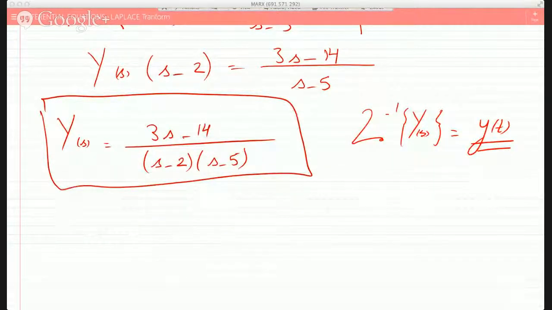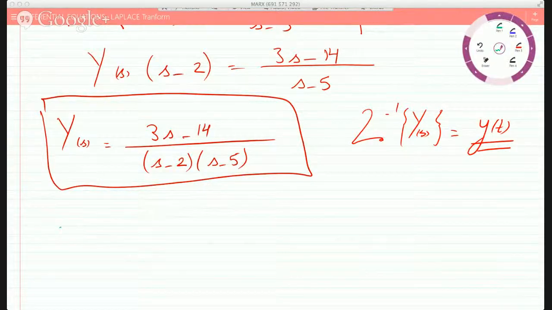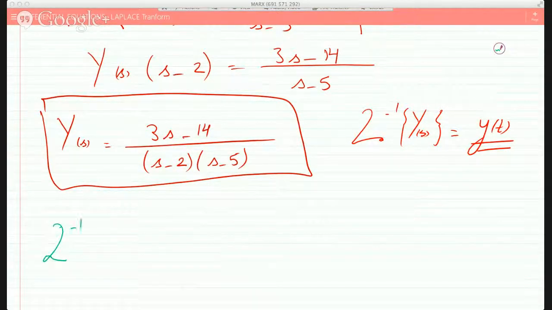This is going to require some algebra, because the table doesn't have anything in this form. So to take the inverse Laplace of 3s minus 14 over s minus 2 times s minus 5, we're going to have to do partial fraction decomposition on this.